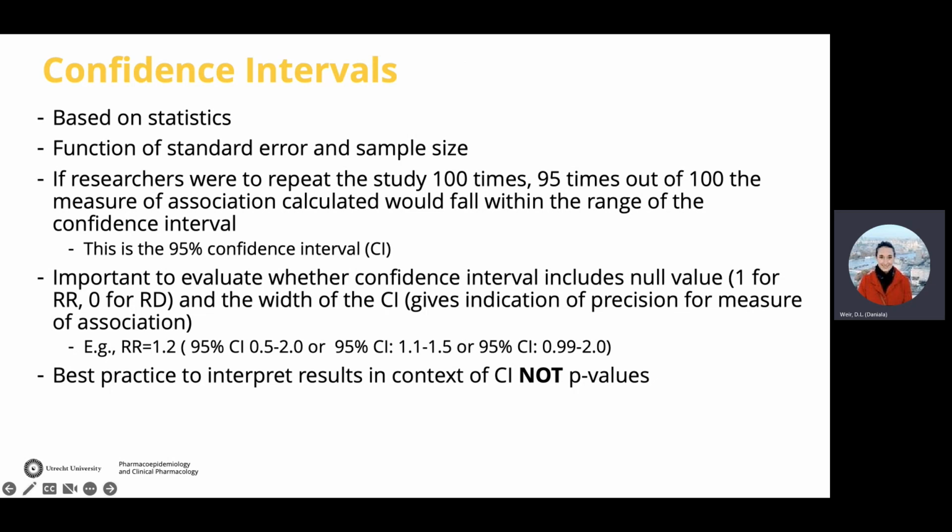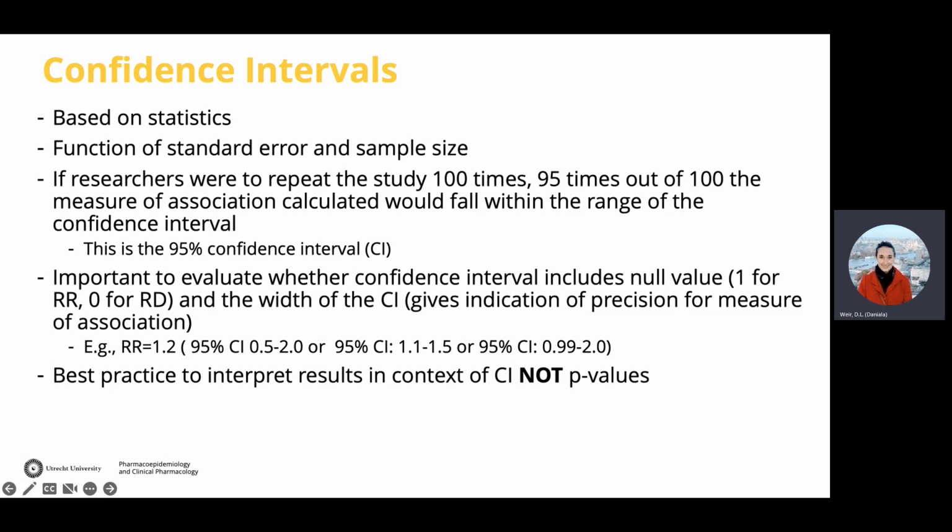So we might be slightly less confident that there's an increased risk of the outcome with the intervention compared to the control group, looking at this confidence interval compared to this one. But they're pretty similar with respect to the precision and the range. So we should still say that, okay, even though this confidence interval includes the null, it's more likely than not that the intervention group does increase the risk of the outcome.